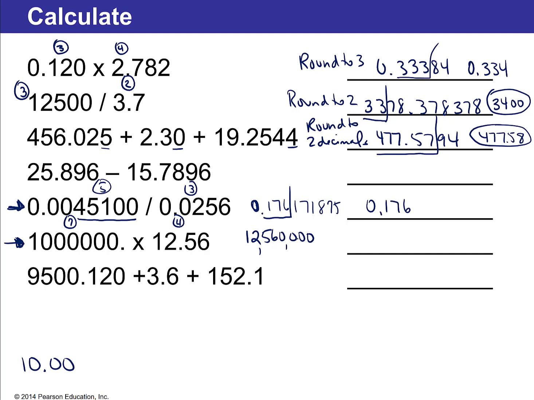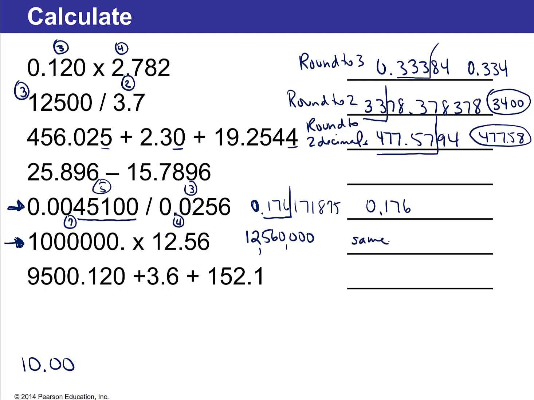If I don't add a decimal place to the end, all those lagging zeros are not significant, but they have to stay because they keep the size. I don't want to go from 12,560,000 to 1,256. That'd be a really big price cut. That would be a whole lot smaller. So you want to make sure that you're keeping the zeros either in front of a decimal place or zeros at the end of a number if it's bigger than 1 to make sure you're keeping the size. So here stays the same.